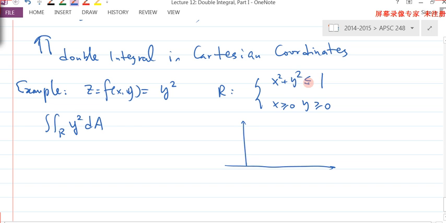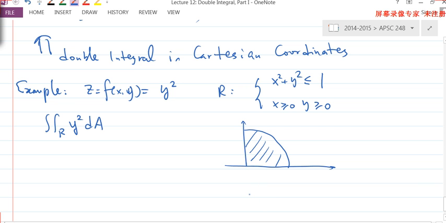X squared plus y squared less than or equal to 1 means it's inside a unit circle, including the edge. At the same time, x and y are greater than or equal to 0. So we're looking at a quarter circle in the first quadrant. That's your R.